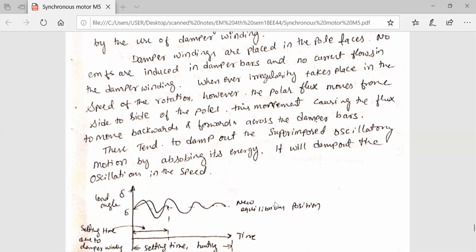The ball continuously bounces, and after some time it comes to rest. That is called damping. Similarly, oscillations continuously vary, and after some time they come to the synchronism or equilibrium position.